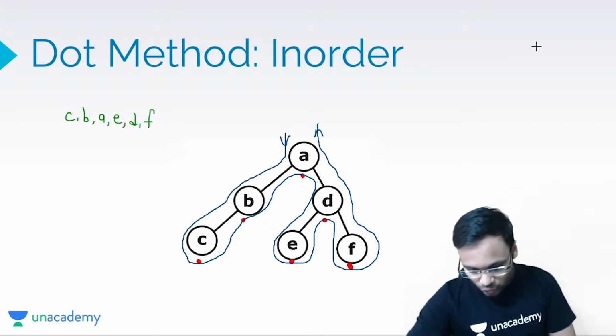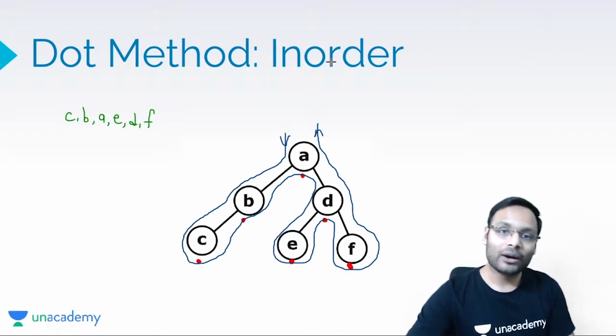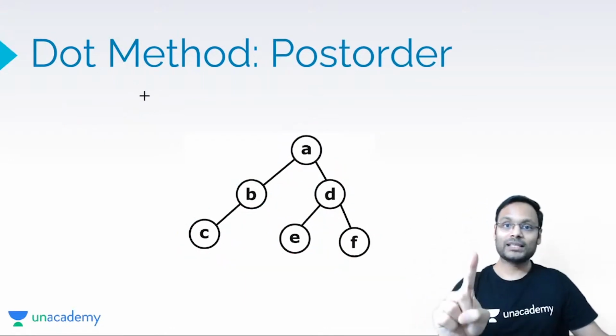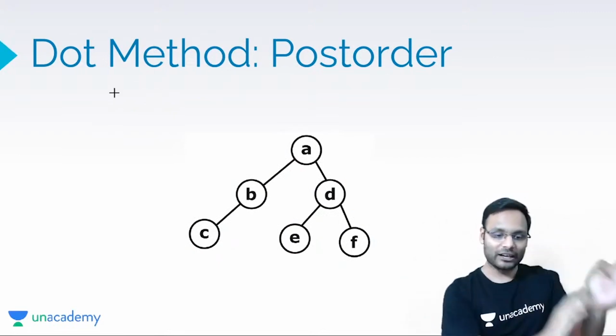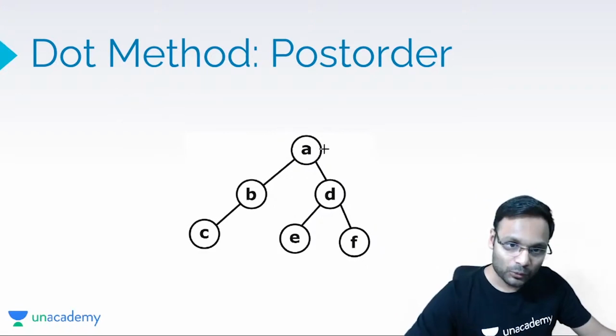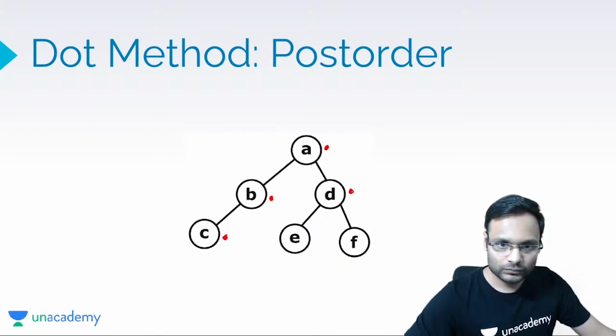And for the post-order traversal, what I'll have to do is, post means the node is traversed after the left and right subtree both. So I'll have to put the dot at the end, here.